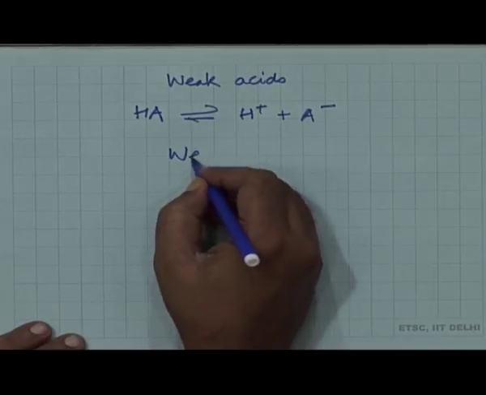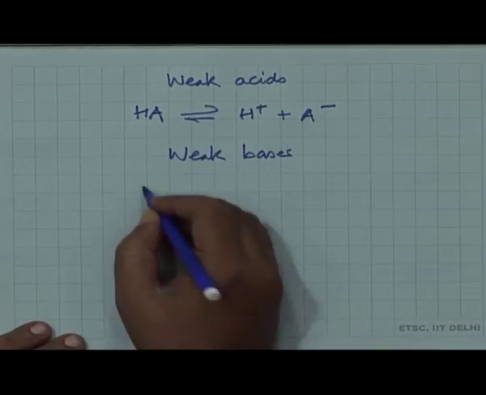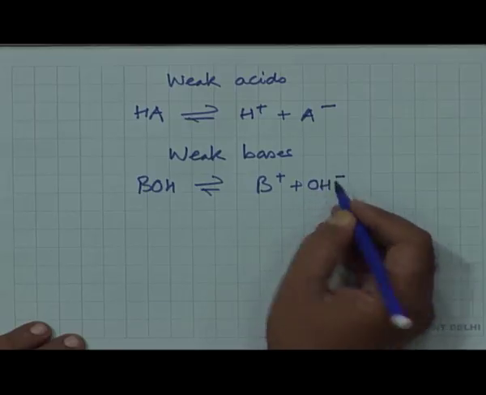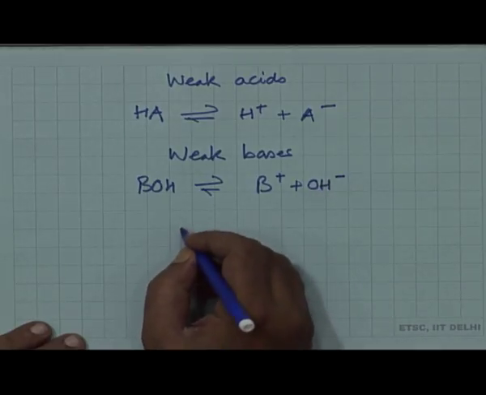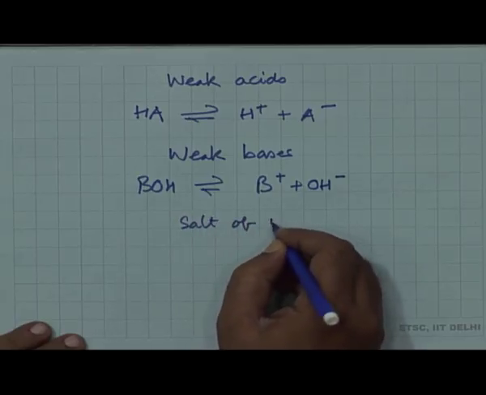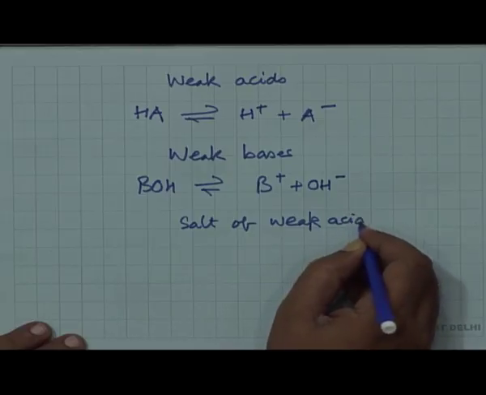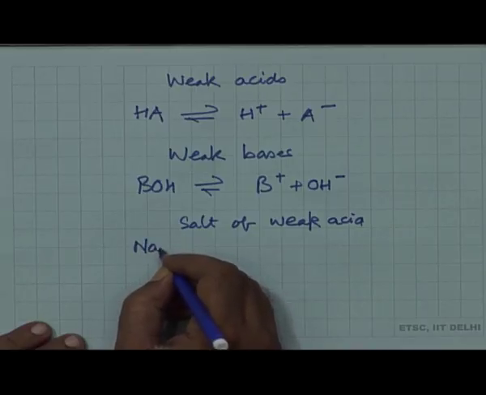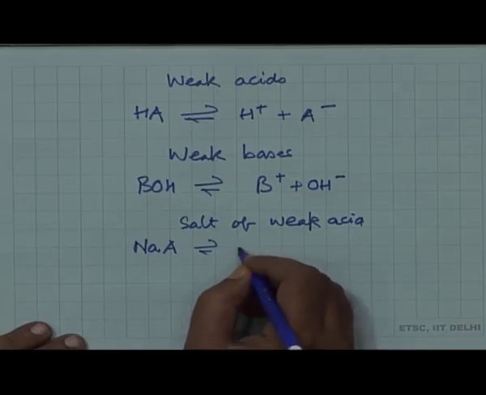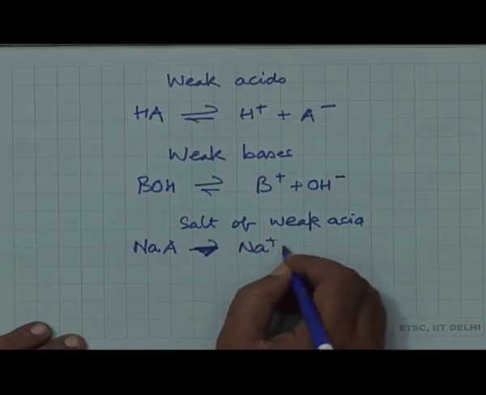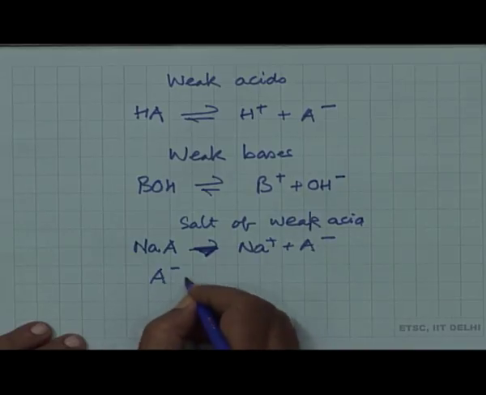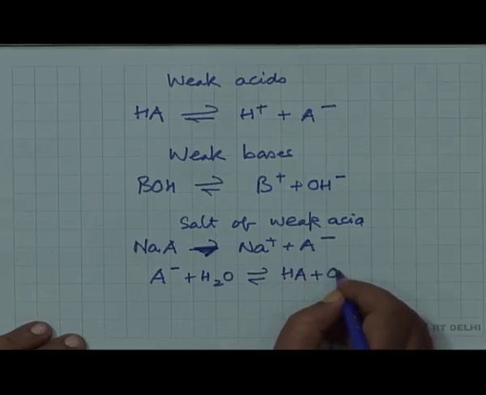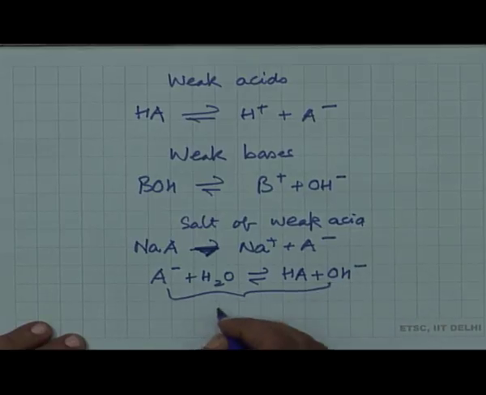In case of weak bases, again we have equilibrium between dissociated and undissociated species, and similarly for a salt, for example Na plus plus A minus, this is irreversible, but A minus undergoes hydrolysis giving HA plus OH minus. So, the equilibrium exists between these species.